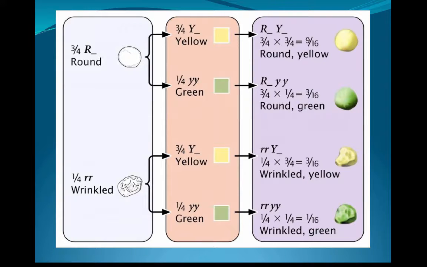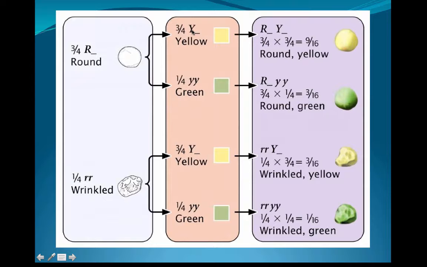The next step would then be looking at these two traits together. We know that in seed shape, we've got round or wrinkled, and that's going to come in as a 3-to-1 ratio, or 3 out of 4, 75% are going to be round, 25% are going to be homozygous wrinkled. In the second column, we can then add in the seed color. For the round phenotypes, we have two choices for color, yellow or green.